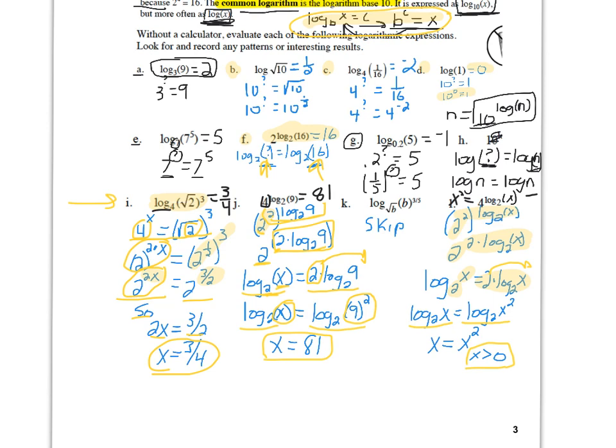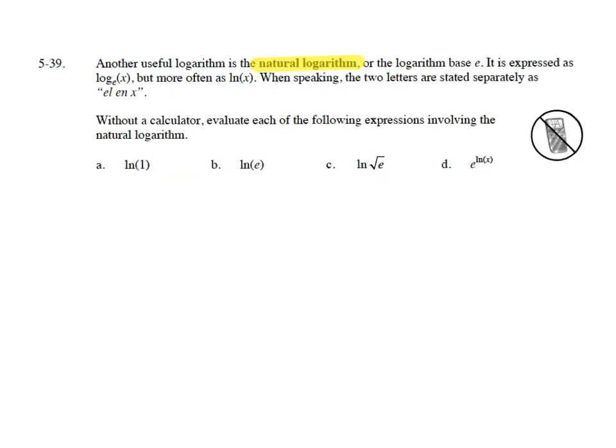x squared. So there's another useful logarithm, and it's called the natural logarithm, or logarithm base e. It's expressed as the log base e of x, but more often we write that as the ln of x. So what we're really saying is that the log base e of x is the same as the ln of x.